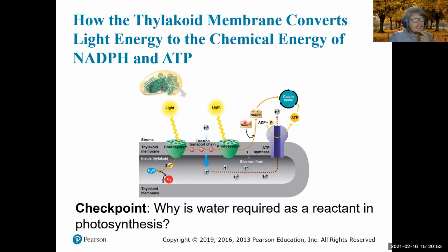Now, the way ATP is made is, as that electron travels down that protein chain, that electron transport chain, the energy from the electron as it passes through a protein is used to actively transport hydrogen ions inside the thylakoid membrane. So what the membrane, or the chloroplast, is actually doing is setting up a gradient.